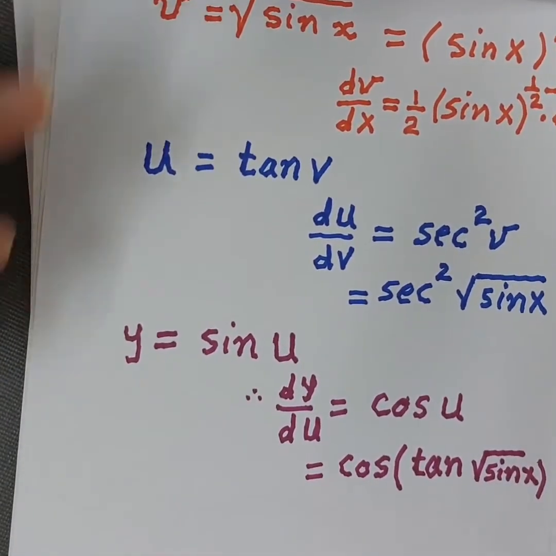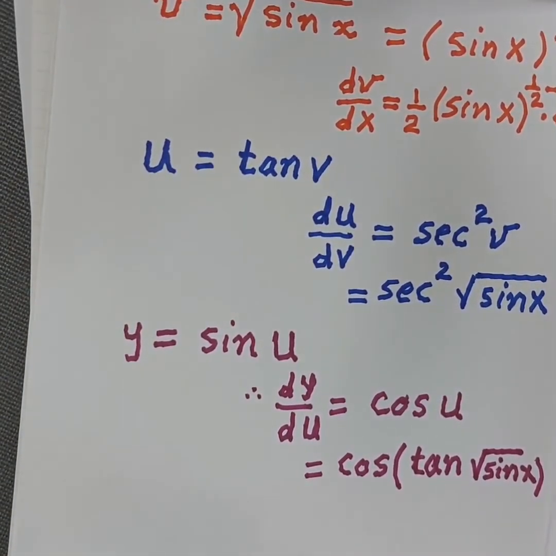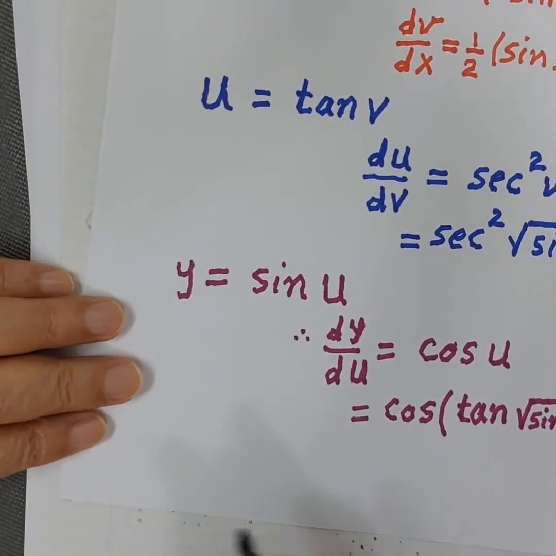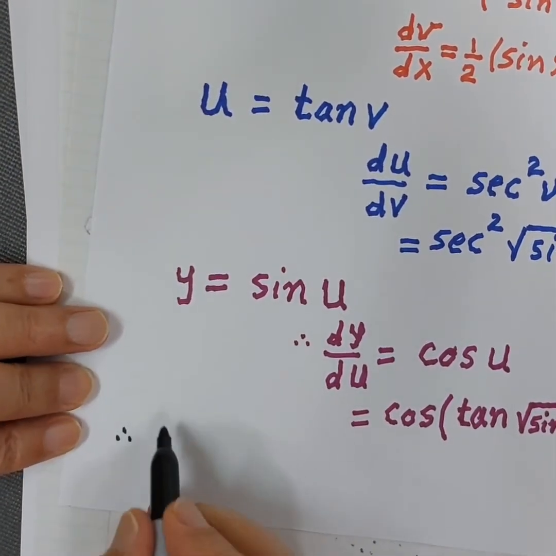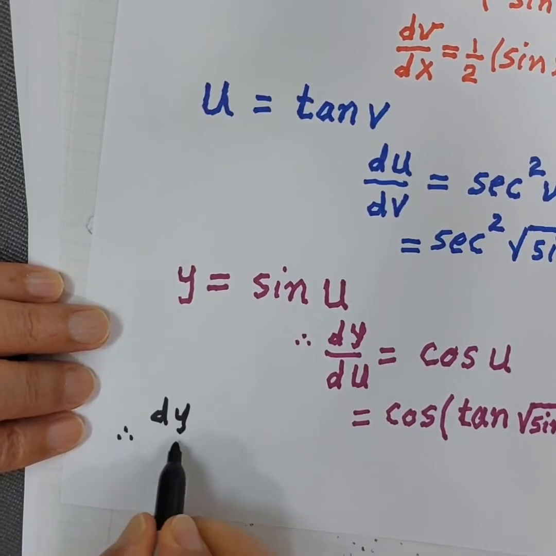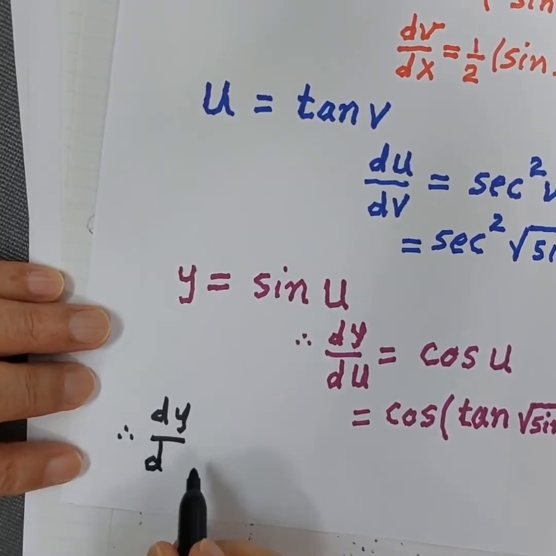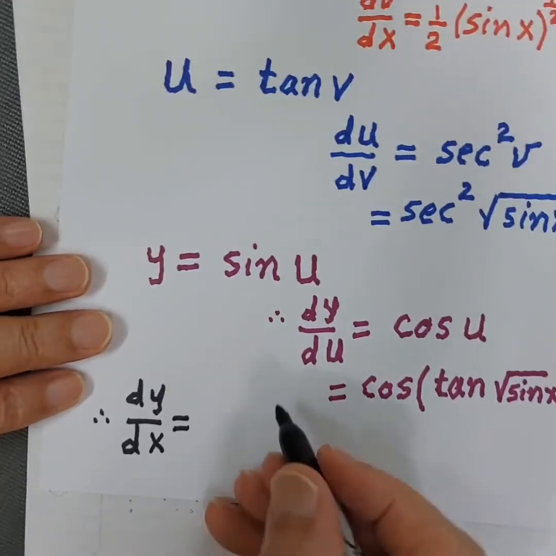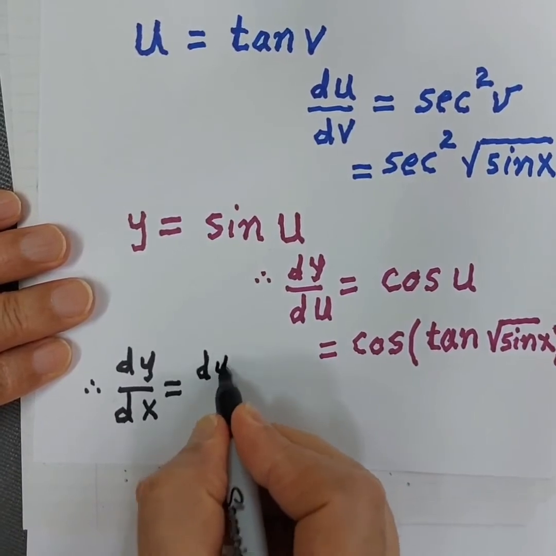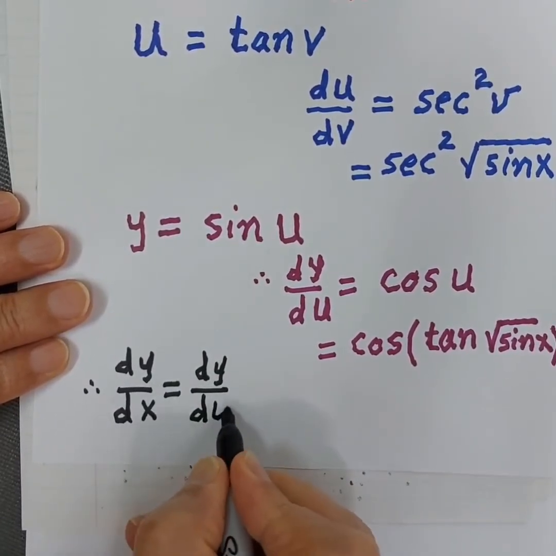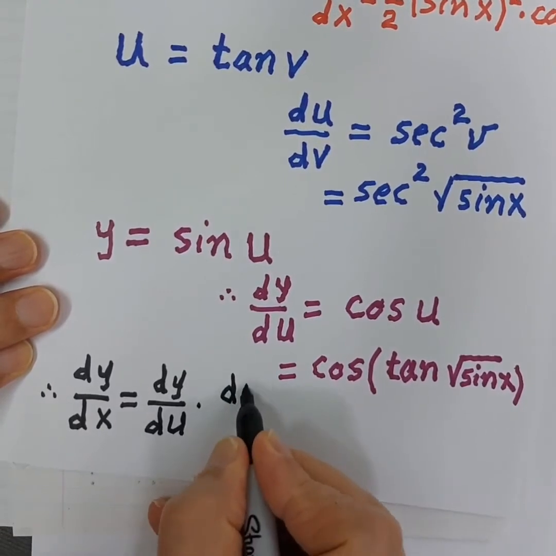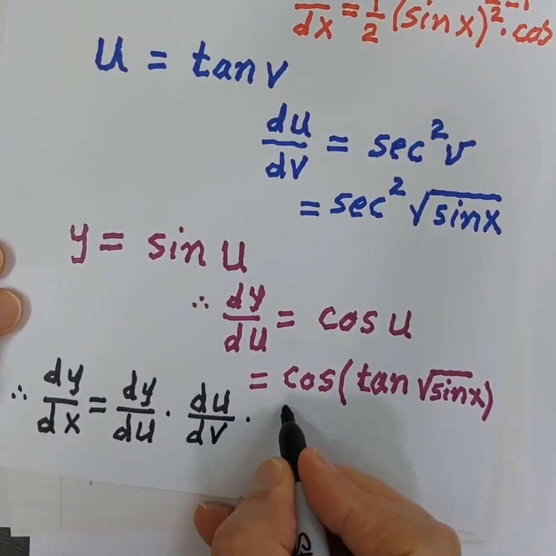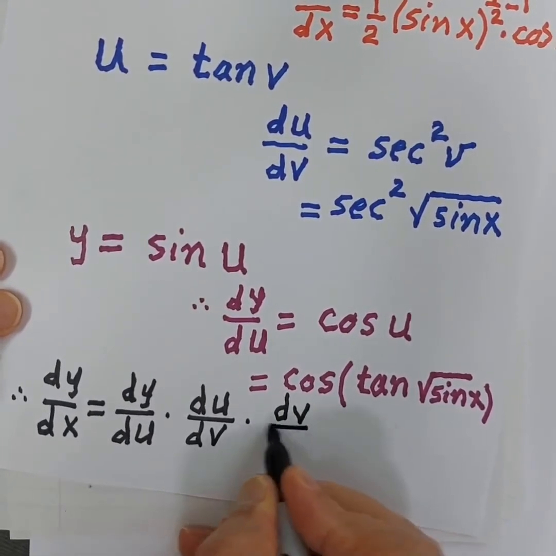So we can write here dy by dx, which we can refer to by y dash, is equal dy by du times du by dv times dv by dx.